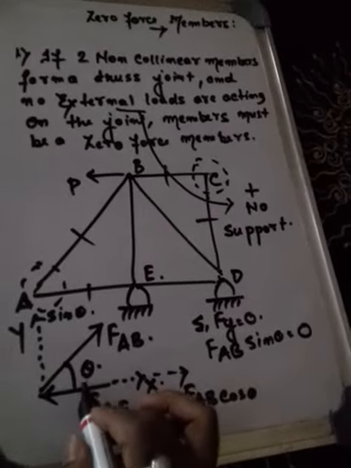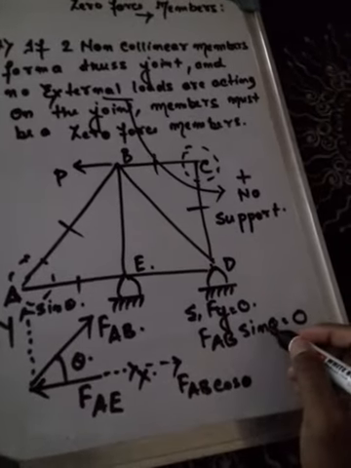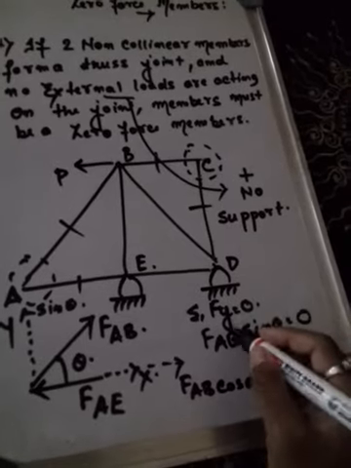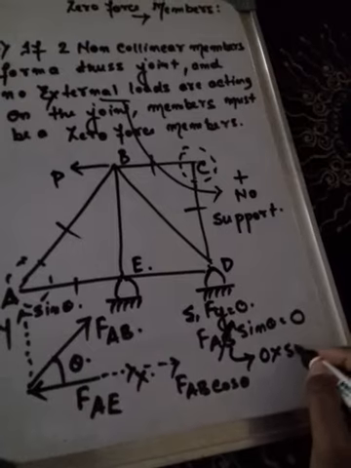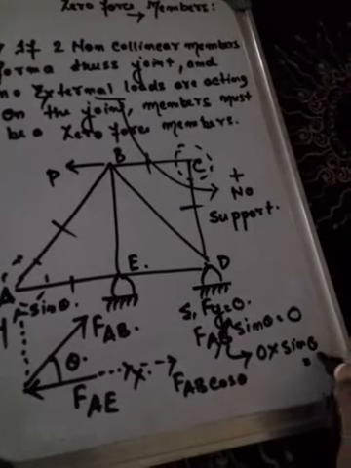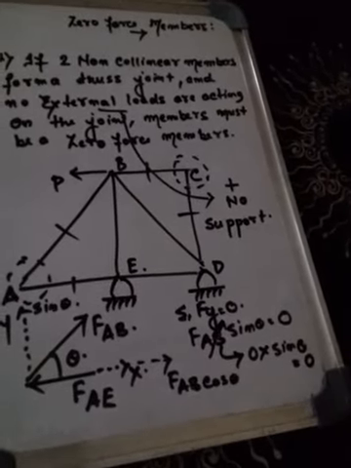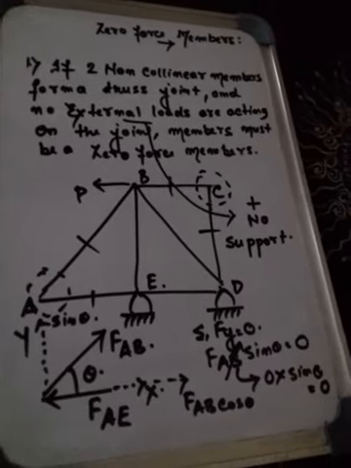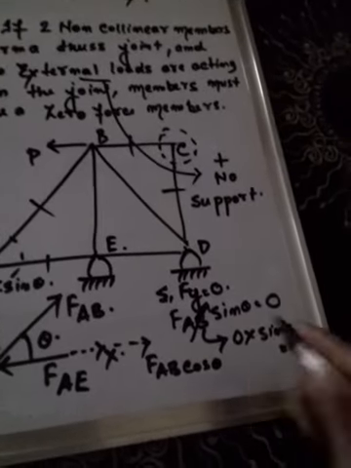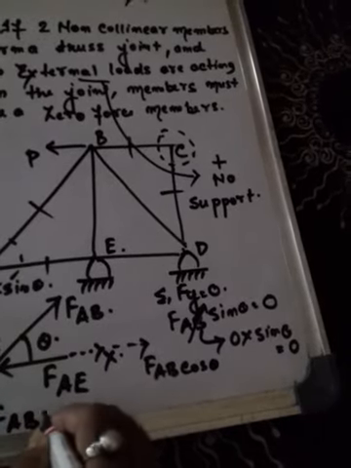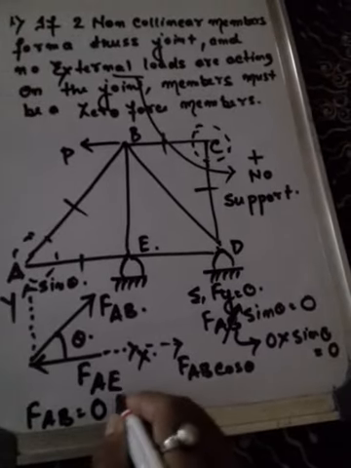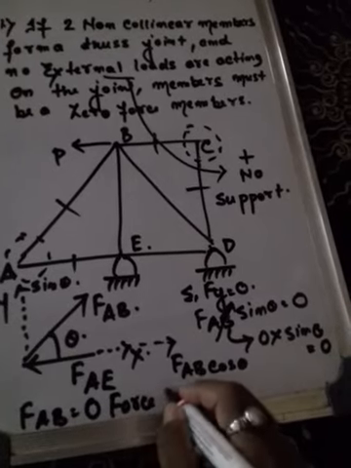Now theta has some definite value, so sine theta can't be 0. Then FAB must be equal to 0, because something multiplied by 0 is 0, to hold this expression true, right? So FAB is a zero force member. So it is clear? Okay. So what we get from here is that FAB is a zero force member.